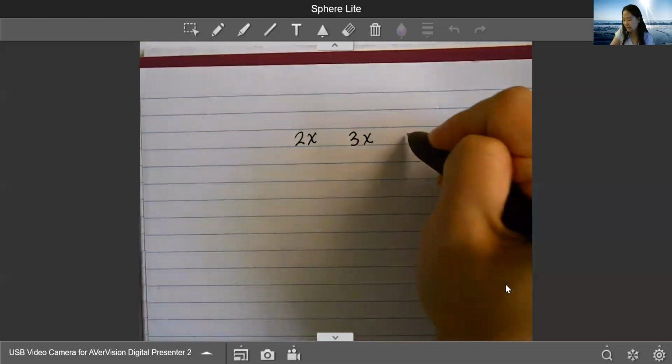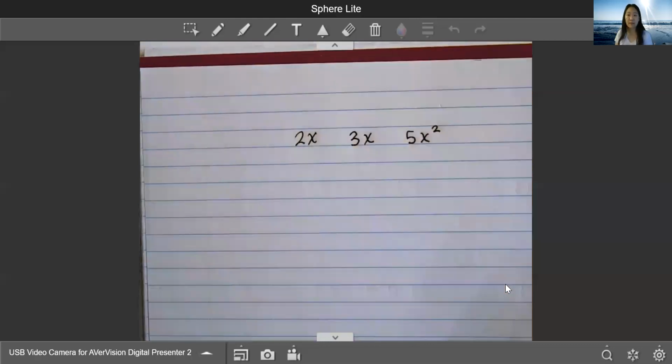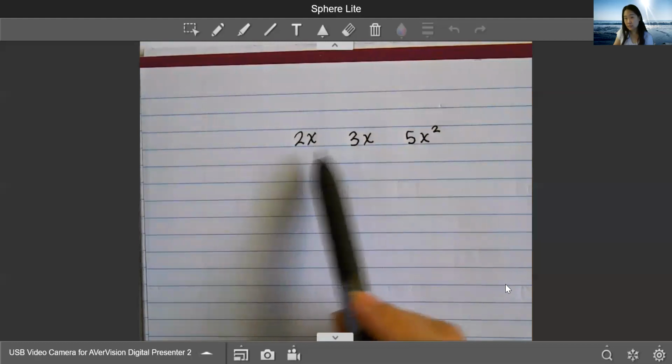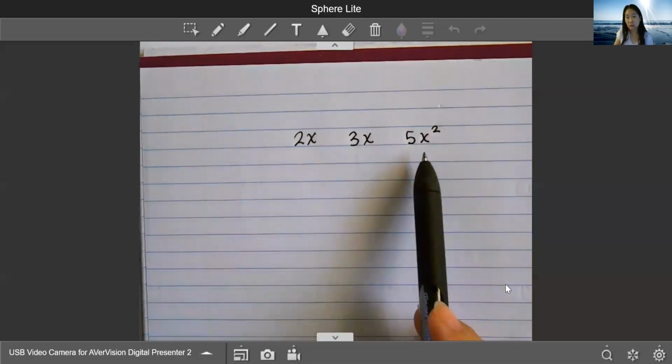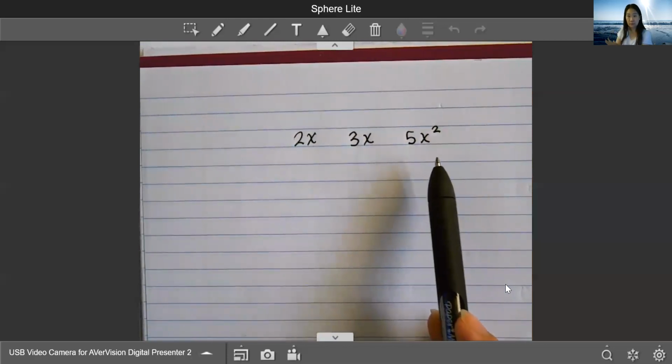But if I have 5x to the second power, while these two are like terms, this one is not a like term because it is the same variable, but it's not raised to the same power.